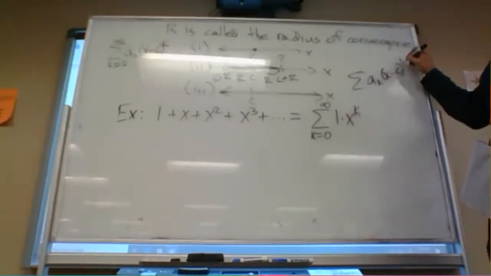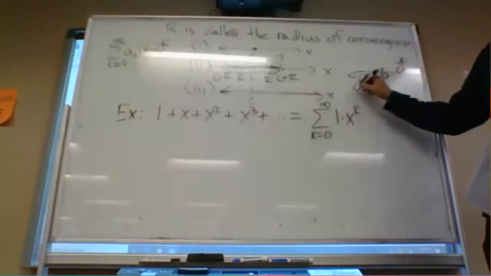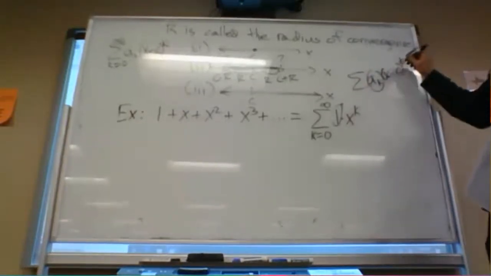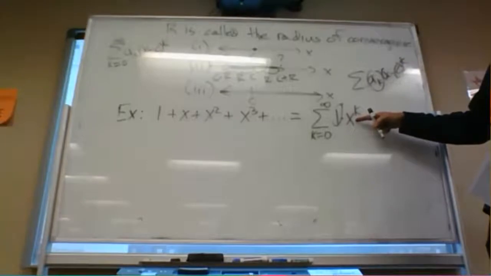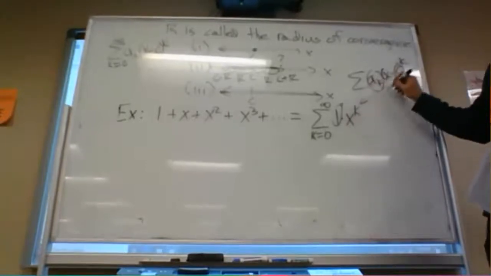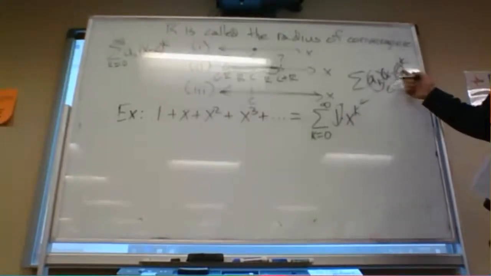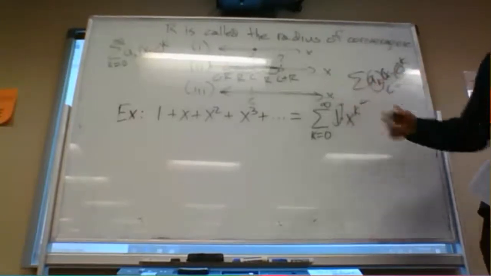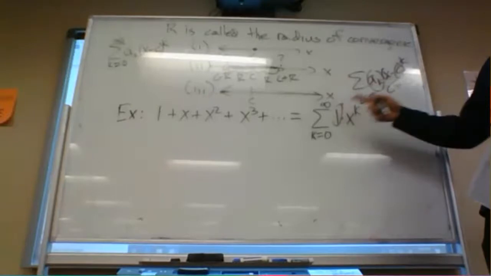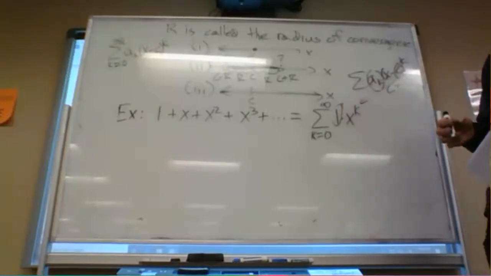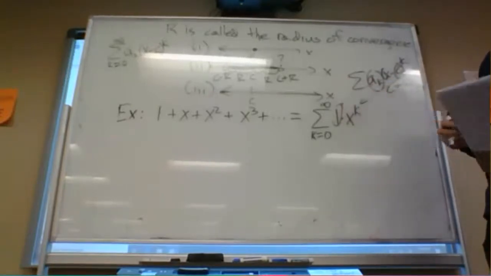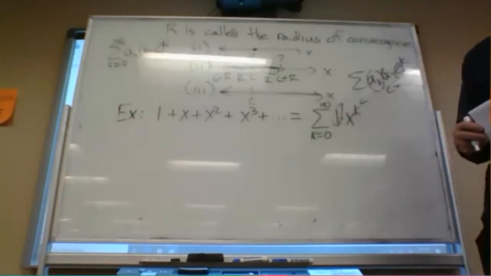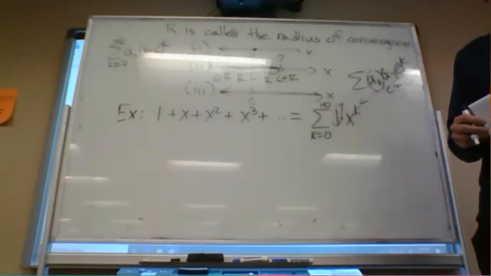Each coefficient ak is 1, right? This is a general power series of sum ak times x minus c to the k. So here all the ak's are 1, and c is equal to 0, where you have x minus 0 to the k. So it's a power series at the point c equals 0, the origin of the real number line. And each coefficient is equal to 1. So it's kind of a real simple series. Maybe it's kind of important because it's so simple, right?